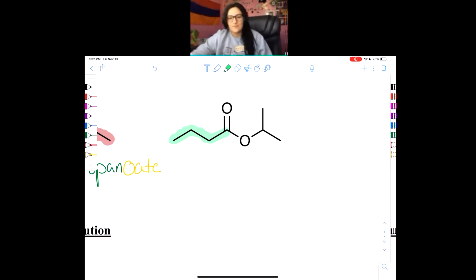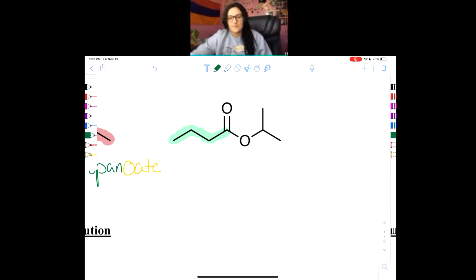How many carbons do we have on this chain? 4, and what do we call a 4-carbon chain? Butyl, exactly.